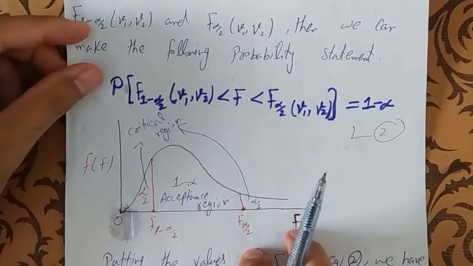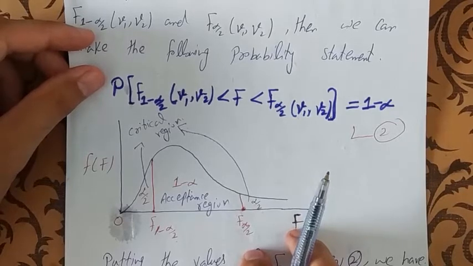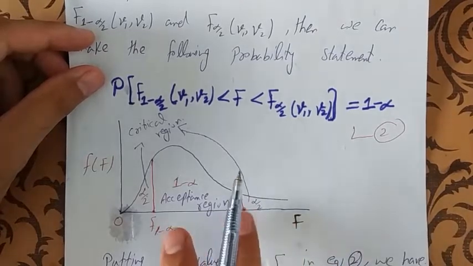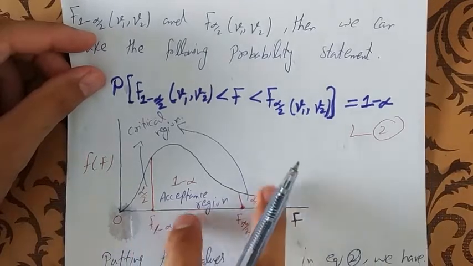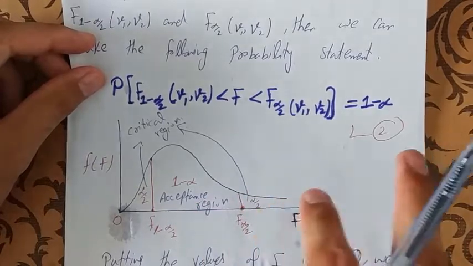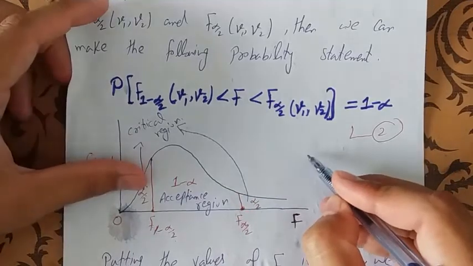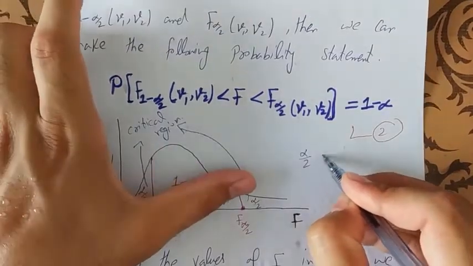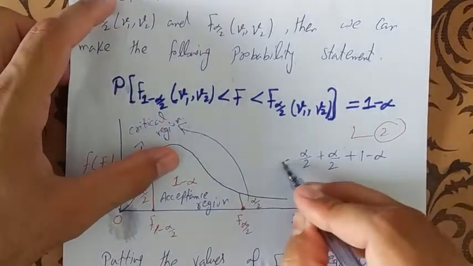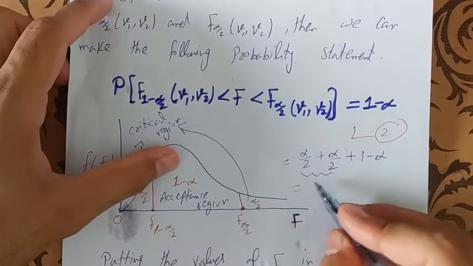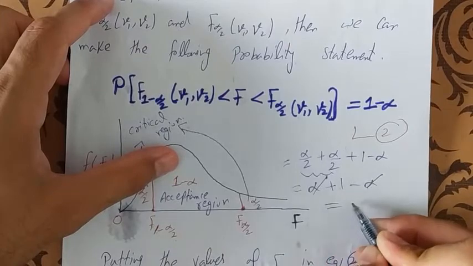Students, when we find the 1 minus alpha into 100% confidence interval, the critical regions and the acceptance region added together must equal 1 due to probability. Let's check: alpha by 2 plus alpha by 2 plus 1 minus alpha gives alpha plus 1 minus alpha; alpha cancels out and the result is equal to 1.